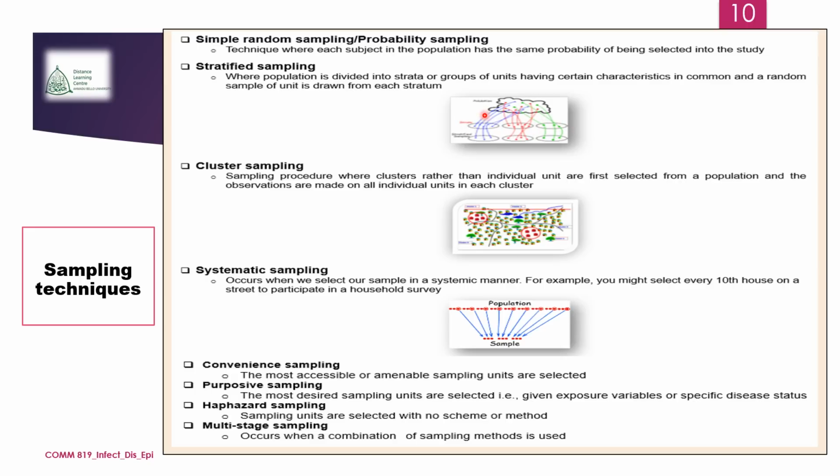For instance, take a population of cattle, with different breeds and different intrinsic factors. You need to create strata based on, maybe, management system.